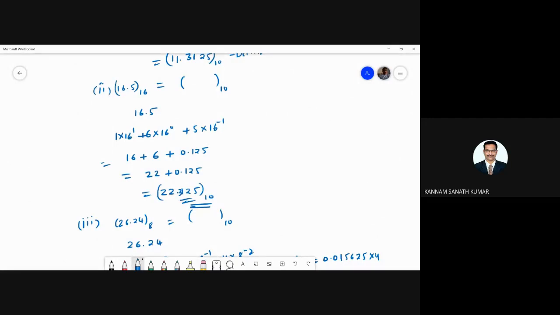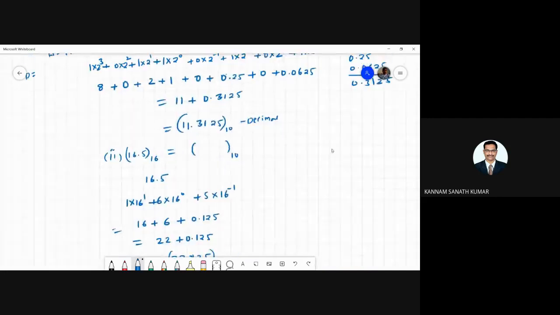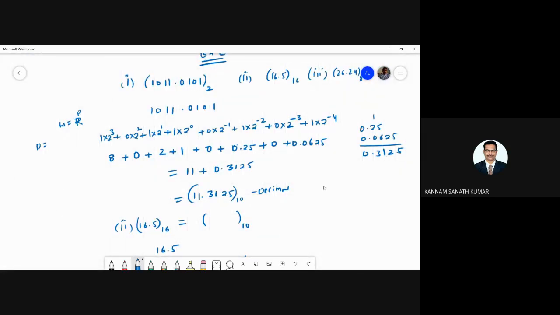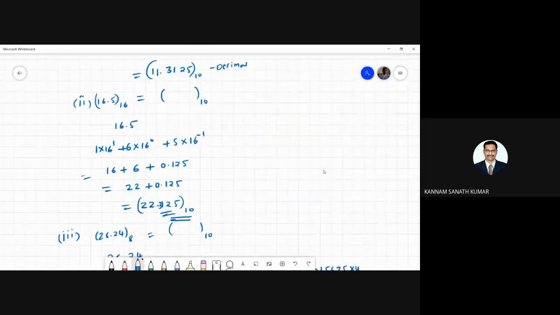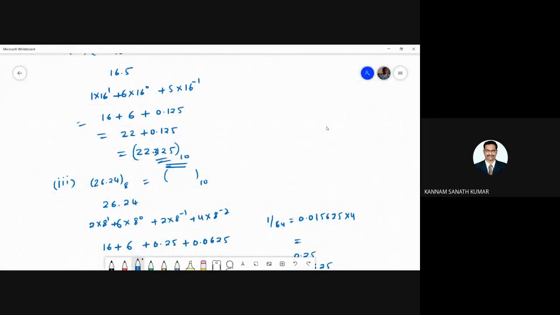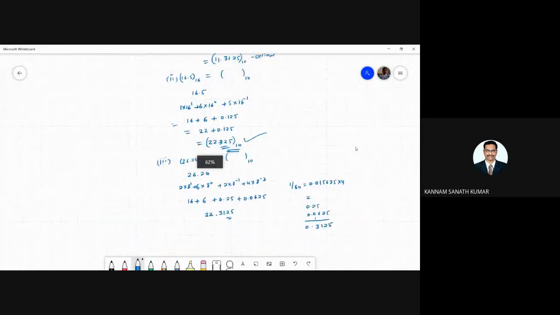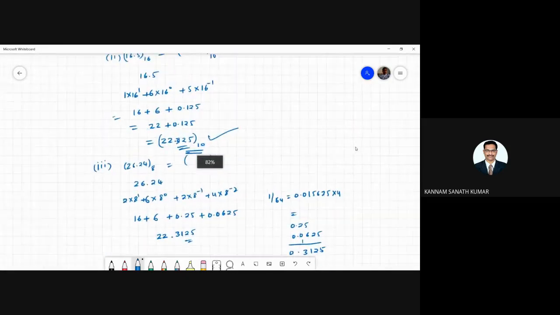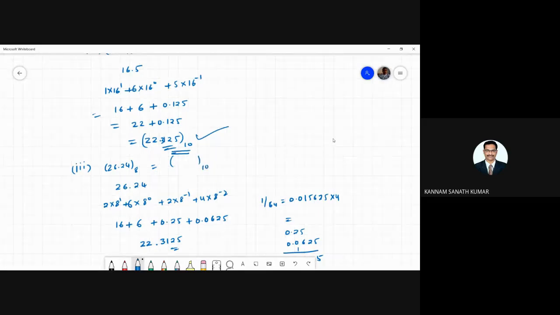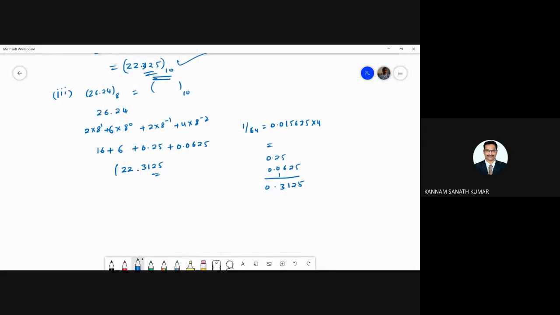So you can verify like this also. That means when you are converting each and every number into decimal, you should get the same result. So 22.3125, and here also you got 22.3125.